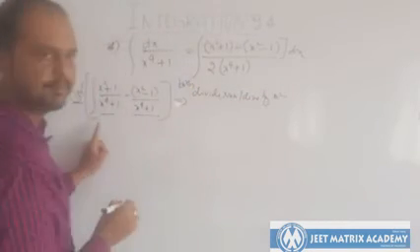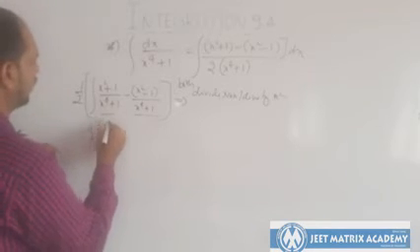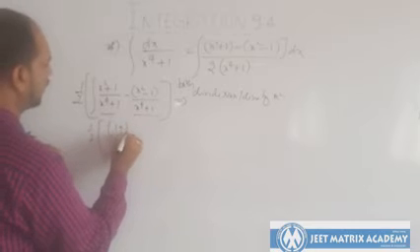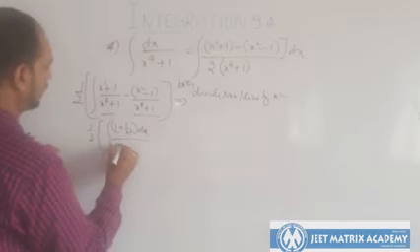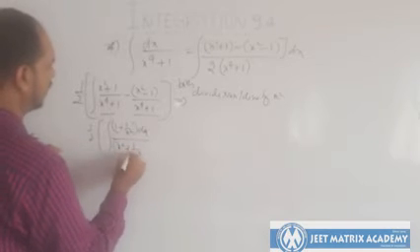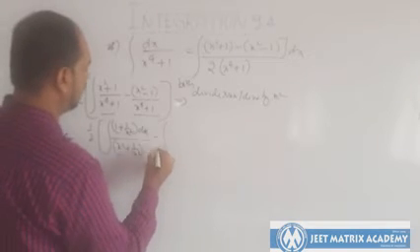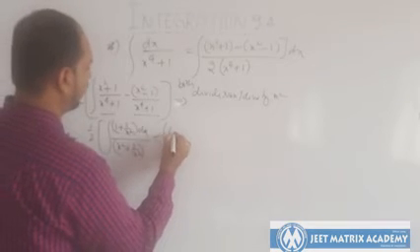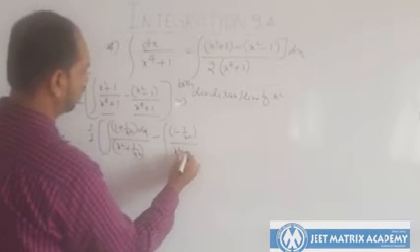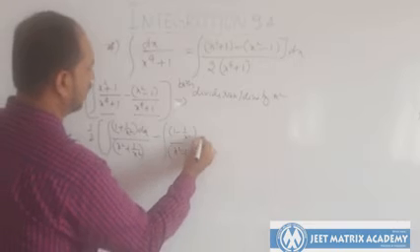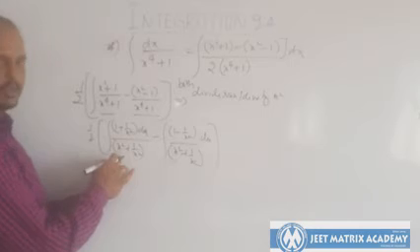So this becomes 1 by 2 integration of 1 plus 1 by x square dx divided by x square plus 1 by x square, minus 1 minus 1 by x square divided by x square plus 1 by x square dx. Am I right?